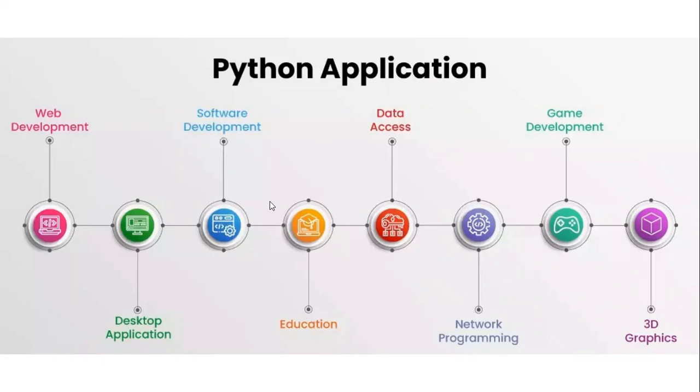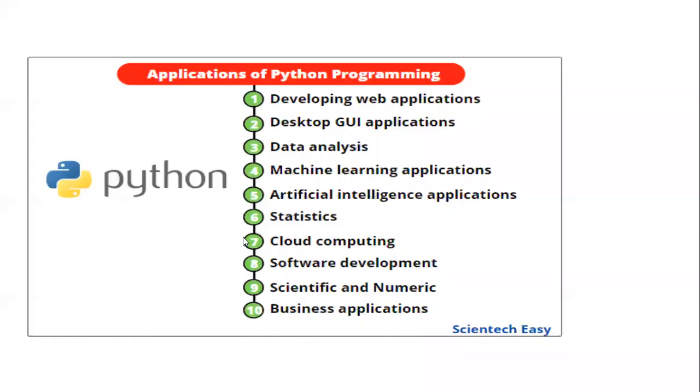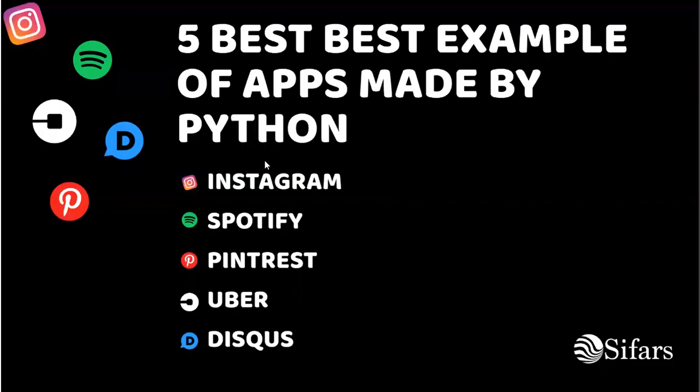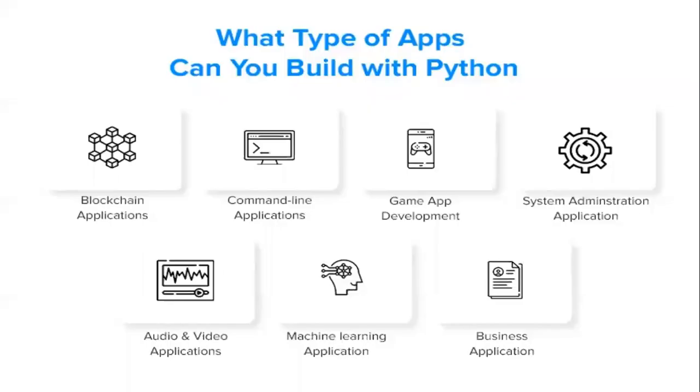These are the applications of Python programming: developing web applications, desktop GUI, and others already discussed in the previous slide. Five best examples of apps made by Python are Instagram, Shopify, Pinterest, Uber, and Disqus.